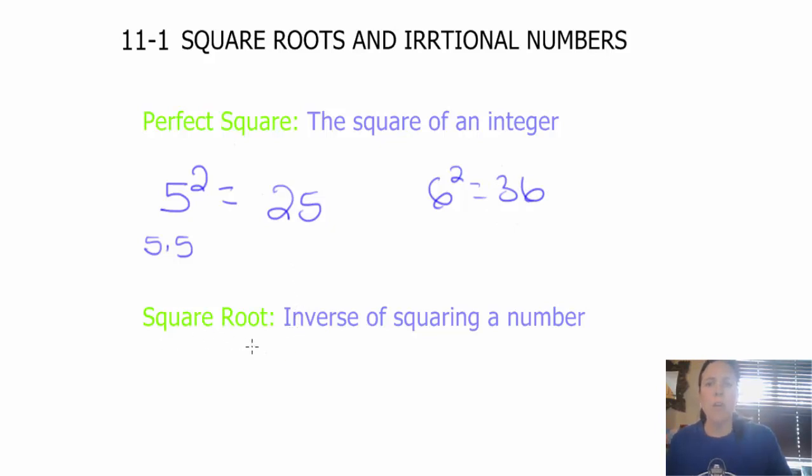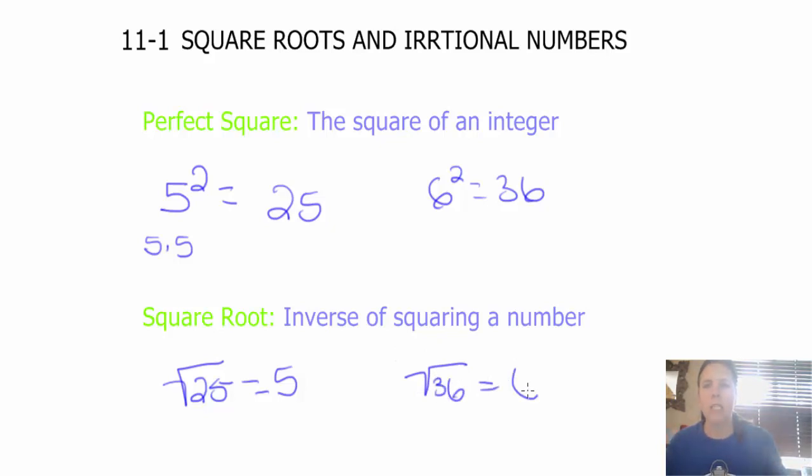The square root is the inverse of squaring a number. So if you take the square root of 25, it takes you back to 5. If you take the square root of 36, it takes you back to 6. It's saying what times itself gives you 25, and what times itself gives you 36. It's the opposite of squaring something.